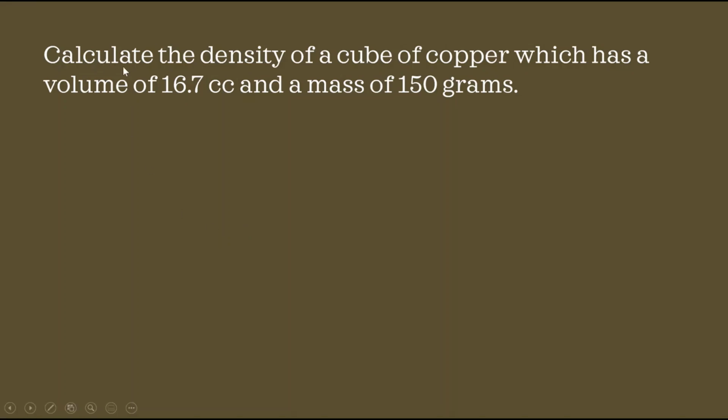This is your question: calculate the density of a cube of copper which has a volume of 16.7 centimeter cube. In short, we can write it as cc. The volume of the copper cube is 16.7 cc, and the mass of the copper cube is 150 grams.